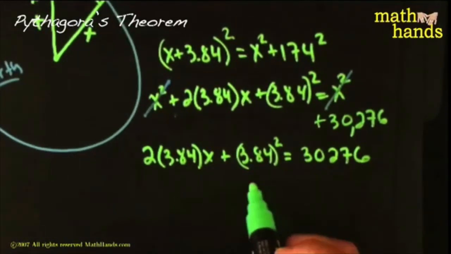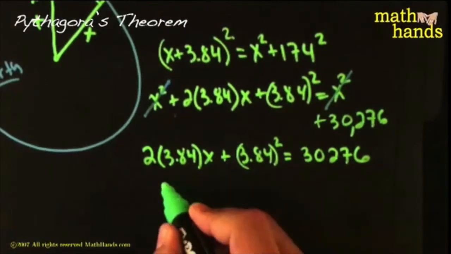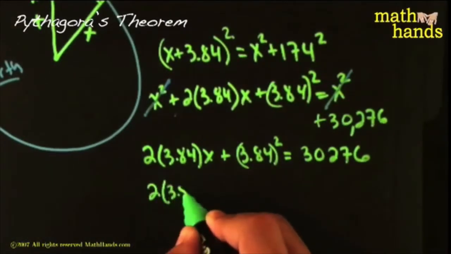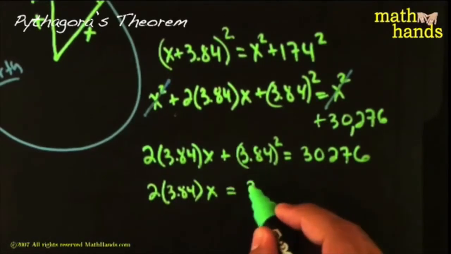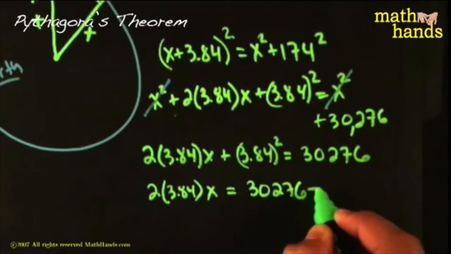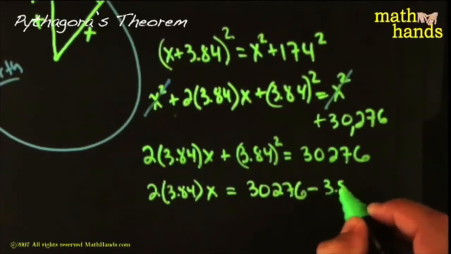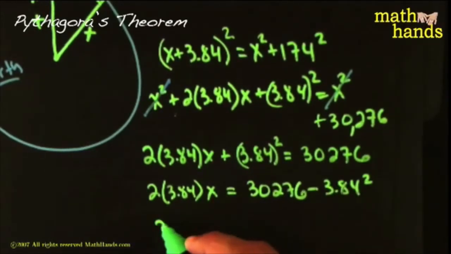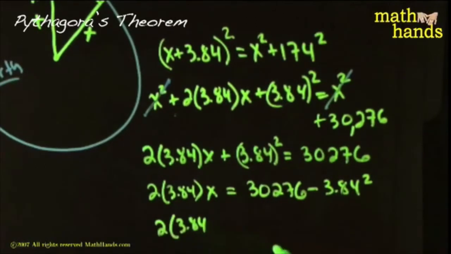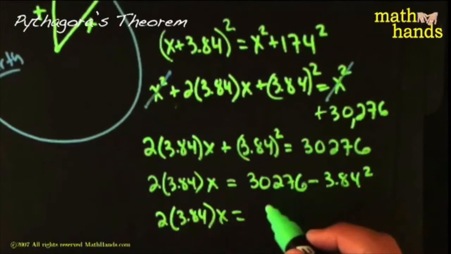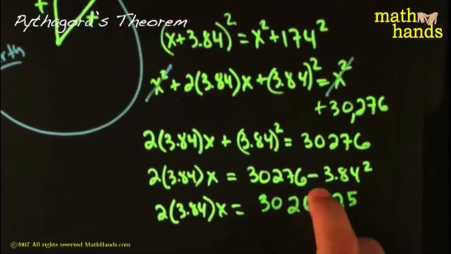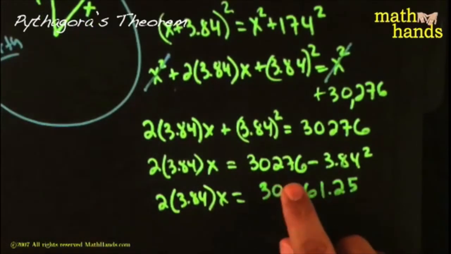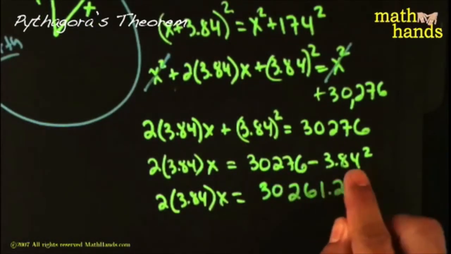It seems to be a linear equation, so I can move this over to the other side. That will give me 2 times 3.84 times x equal to 30,276 minus 3.84 squared. So first we subtract 3.84 squared from 30,276.